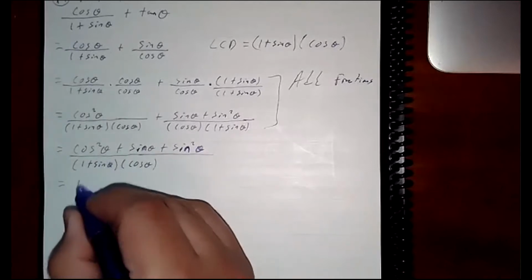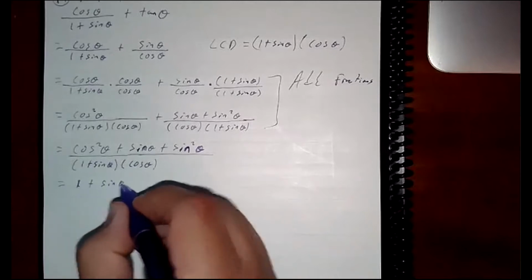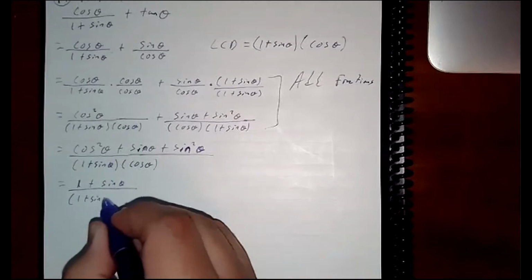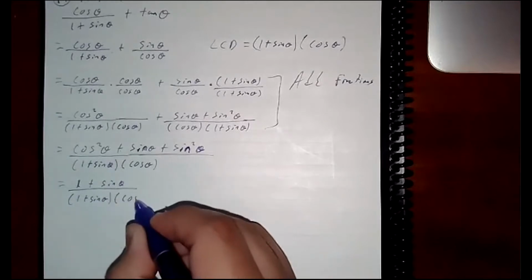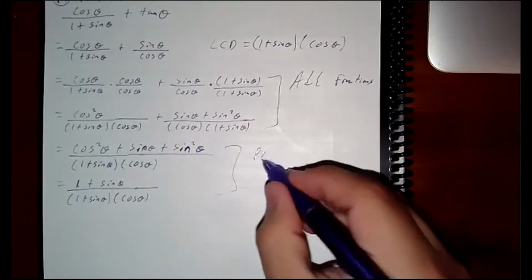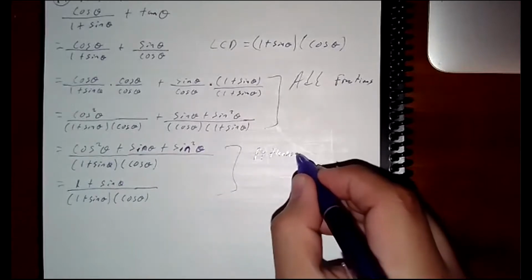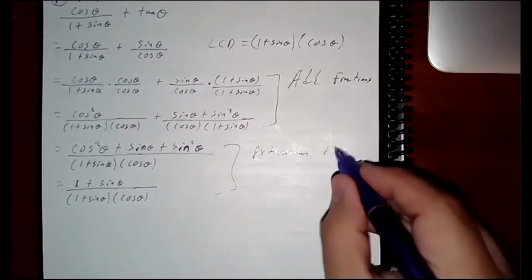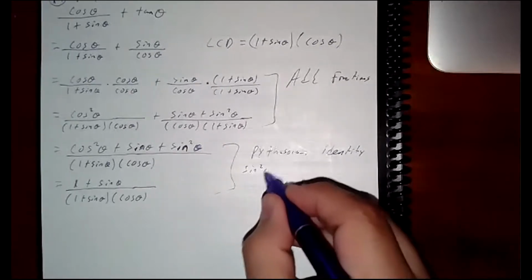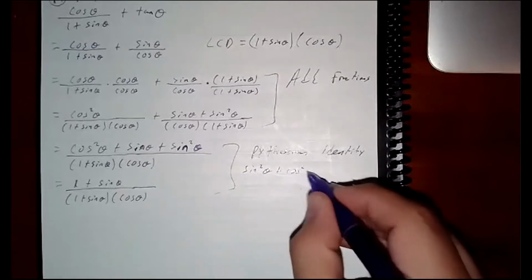So we get 1 plus sine theta over 1 plus sine theta cosine theta. From here to here, we use the Pythagorean identity. Sine squared theta plus cosine squared theta is 1.